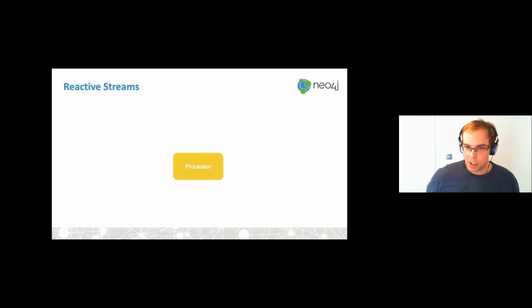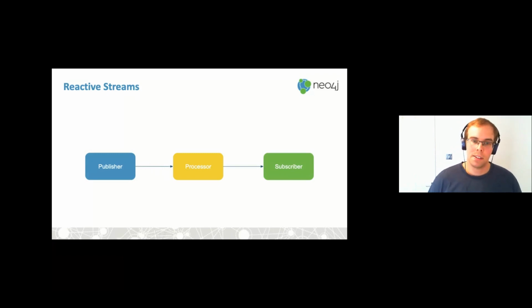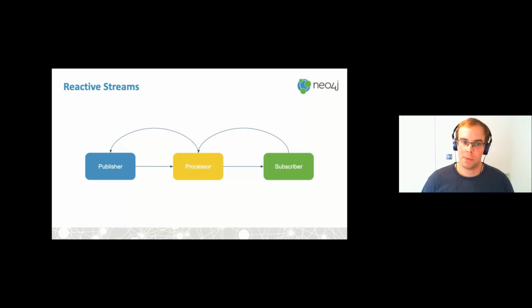And then the final one, processor, is something that implements both the subscriber and the publisher interfaces, and it represents a stage of processing in the chain. And crucially, the processor also gets a subscription interface from the stage above, and the back pressure element is preserved through the chain.